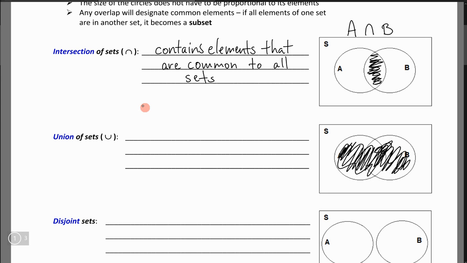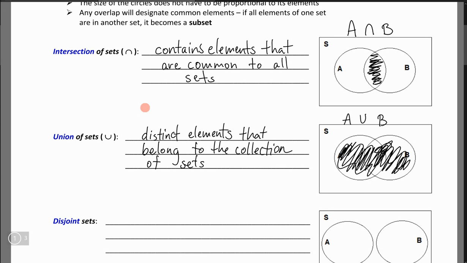Okay, so the union of sets is distinct elements that belong to the collection of sets. Okay, and we denote this with a wide U, so we can say here for this Venn diagram, A is in union with B.